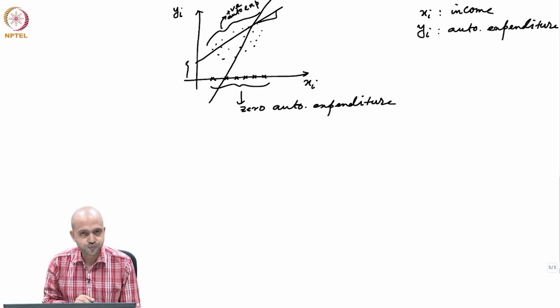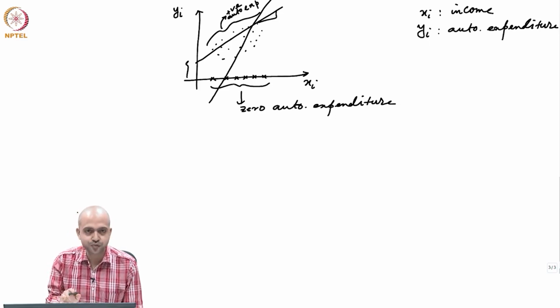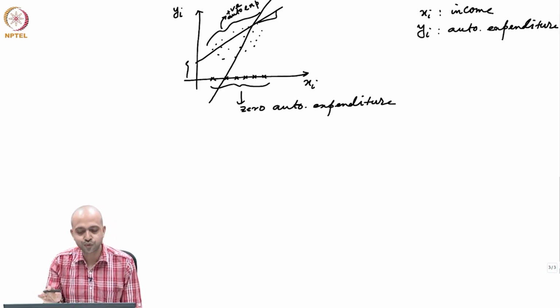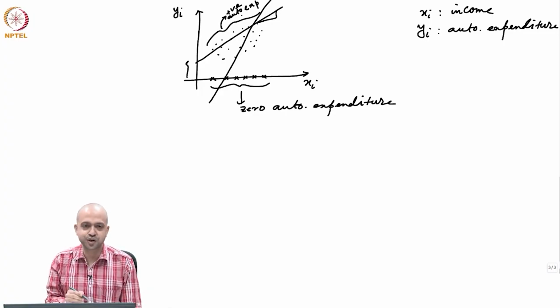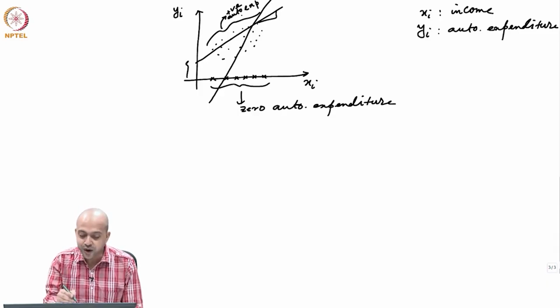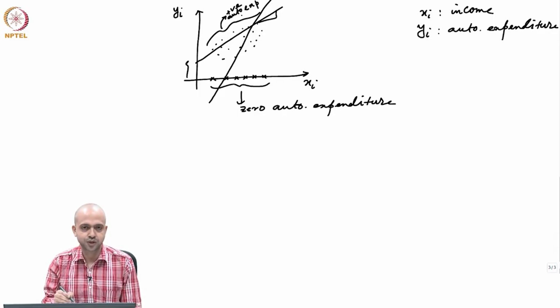So, if you remove those observations with 0 automobile expenditure, then both the slope and the intercept of the estimated equation would be quite different from the equation estimated using the entire set of observations, which is quite clear intuitively from the simple diagram.